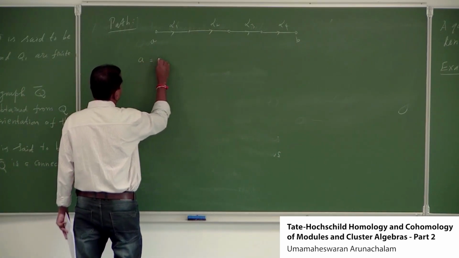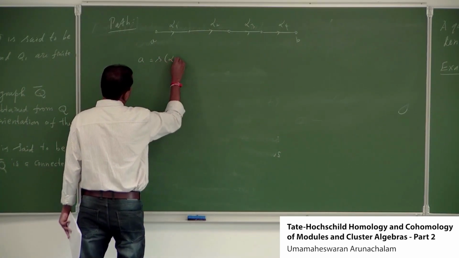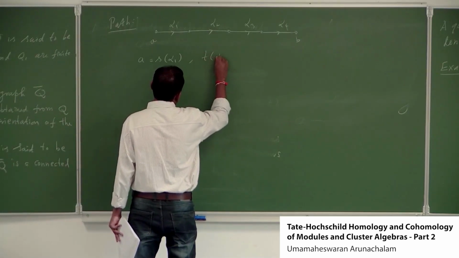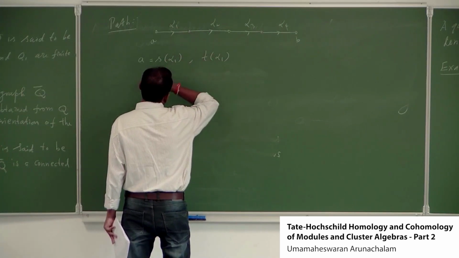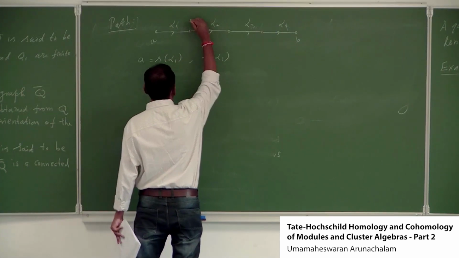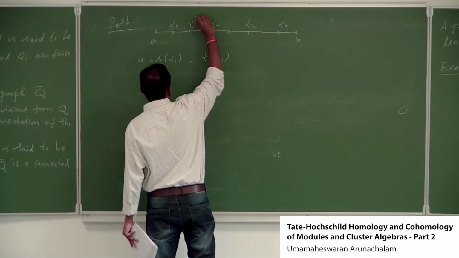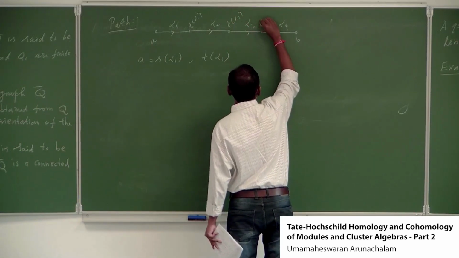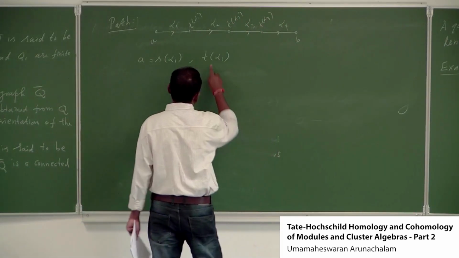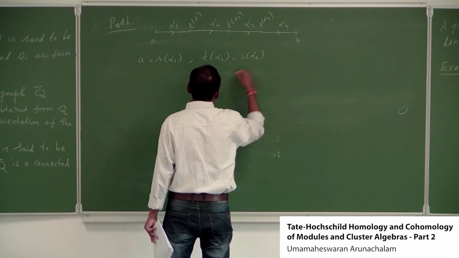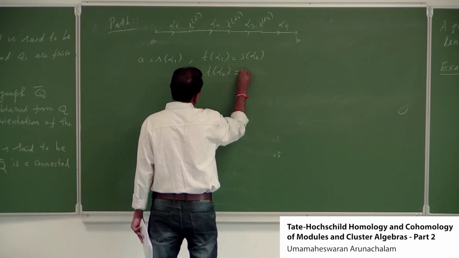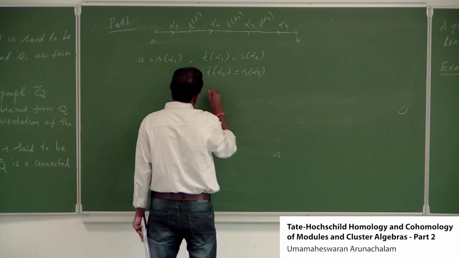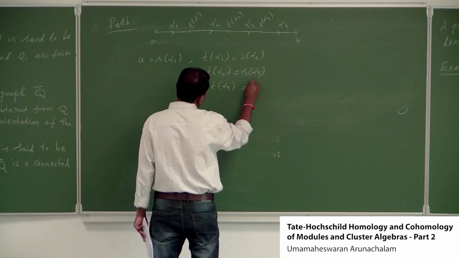The source of alpha 1 is a, and t of alpha 1 must equal s of alpha 2. t of alpha 2 must equal s of alpha 3. t of alpha 3 must equal b.